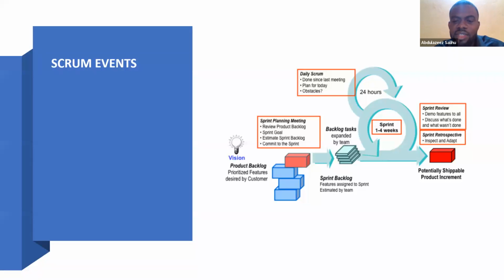The first event usually in the Scrum framework is your sprint planning, or sometimes you might need what we call sprint goaling or backlog refinement. When you have a requirement that is not clearly defined, it is always good to have a backlog refinement.